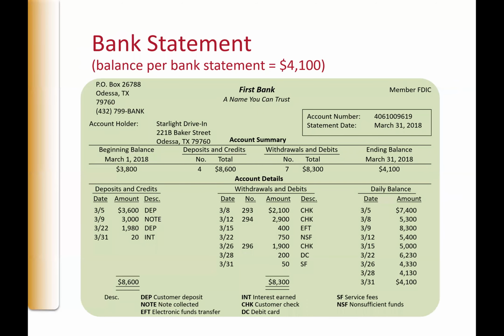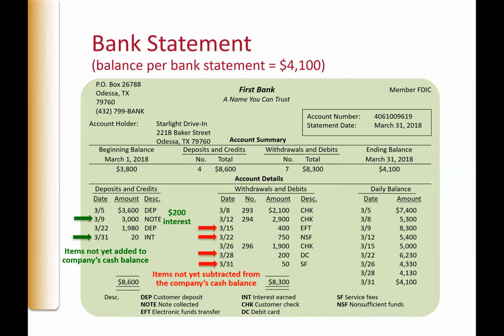So if we look at the bank and we see a couple items here, there was interest of $200 the bank shows on March 31st. We need to record in our books. It also looks on March 9th, they received a $3,000 note, and $200 of that $3,000 deposit is due to interest.